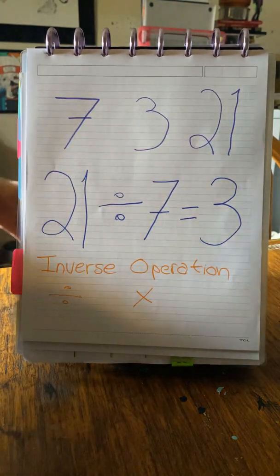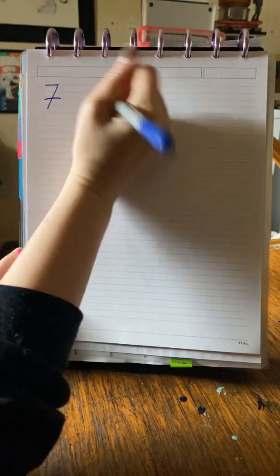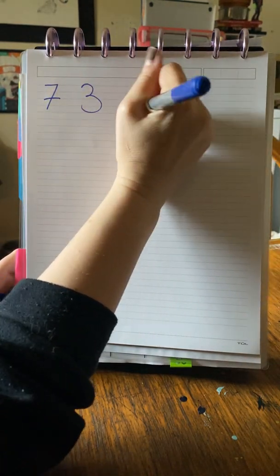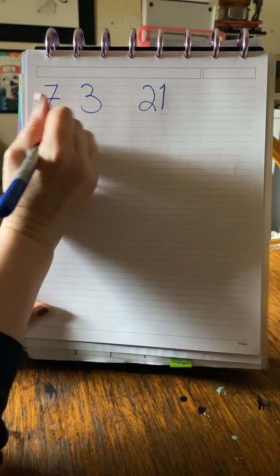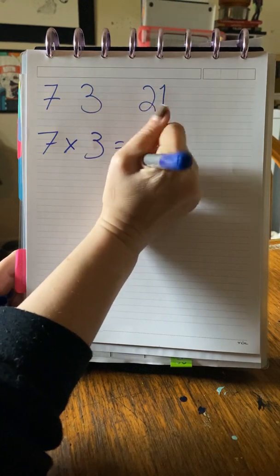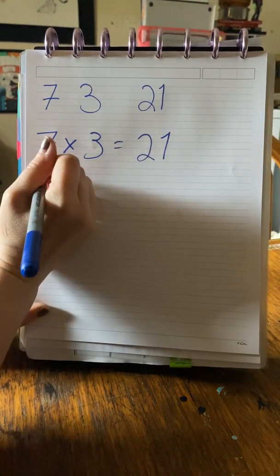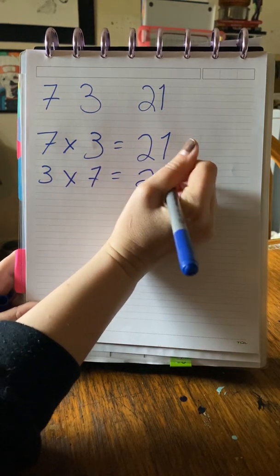So let's go ahead and set up our fact family. All right, so our fact family here, if we're using the numbers 7, 3, and 21, we know that 7 times 3 equals 21. 3 times 7 equals 21.